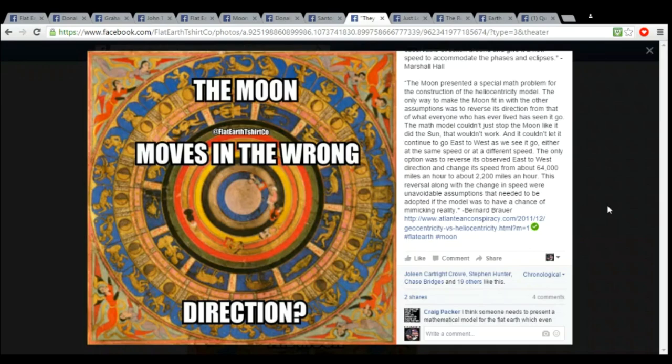The only way to make the moon fit with the other assumptions was to reverse its direction from what everyone who has ever lived has seen it go. The model could just stop the moon like it did the sun. That wouldn't work. And it couldn't let it continue to go east to west as we see it go, either at the same speed or at different speeds.